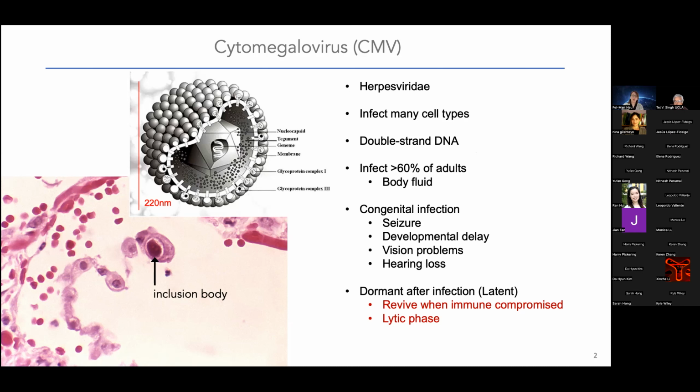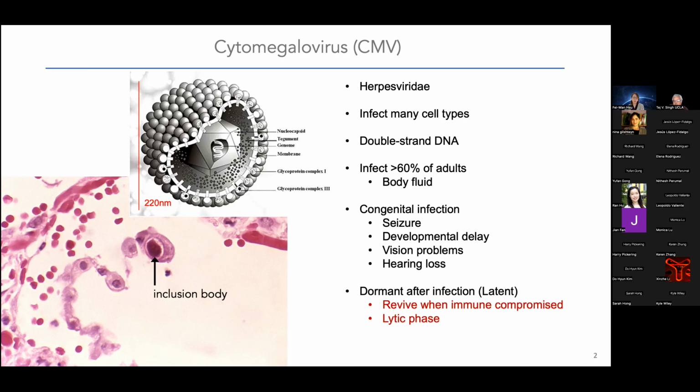The infection rate also depends on hygiene conditions and how developed that specific area is. One type of infection is called congenital infection, which means the baby or fetus is exposed to the virus in the mother's uterus or during delivery.